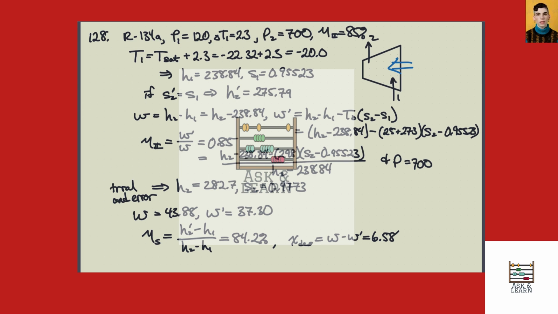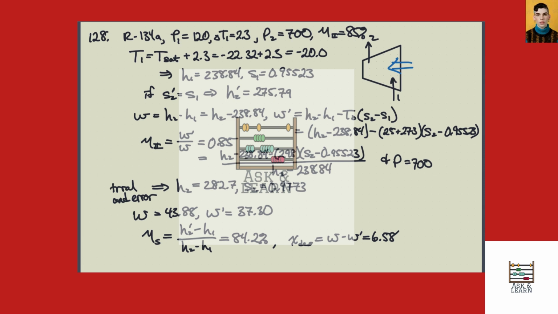So again, the exergy change. I think I could have done this in a different way. I'm assuming that maybe, hopefully, we would have got the same answer. But anyway, this is how I did it, and it may be a little bit more convoluted.